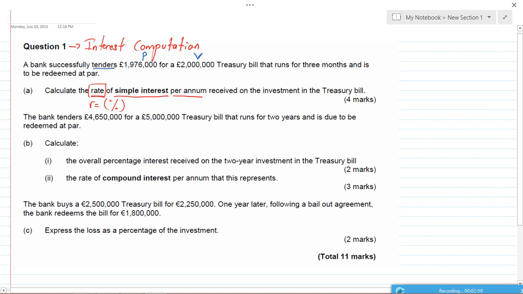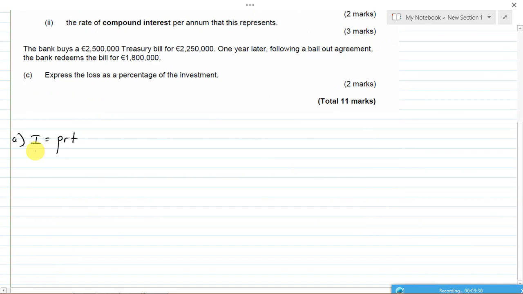What is meant by V? V means your accumulated amount, which is principal plus the interest. It's the total amount. Now, over here we need the I, the interest.